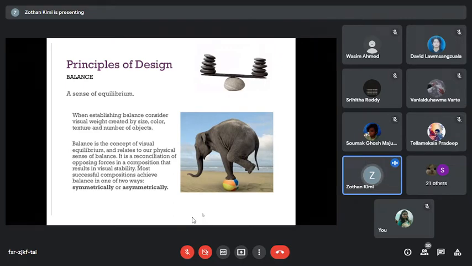One circle has a plain white color, and the other circle has some stone texture. So naturally we tend to believe that the one with the stone texture is visually heavier than the one with the white color on it.